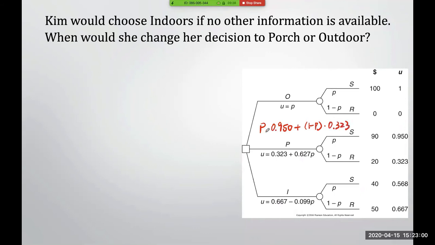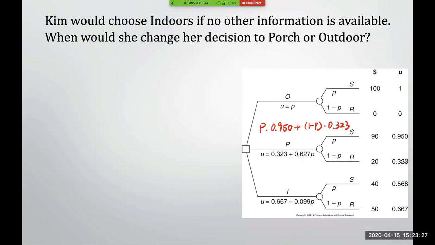Here, P is the probability of a sunny day times the U value of the prospect of a porch party in the sun, which is over here. Again, these U values are found by looking at Kim's U curve or Kim's U function. And 1 minus P is the probability of a rainy day.